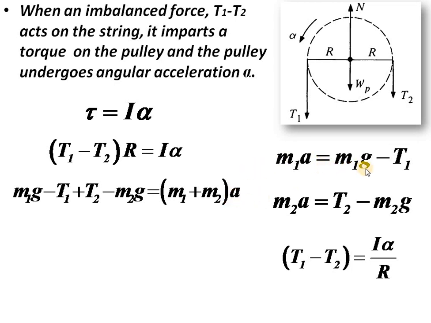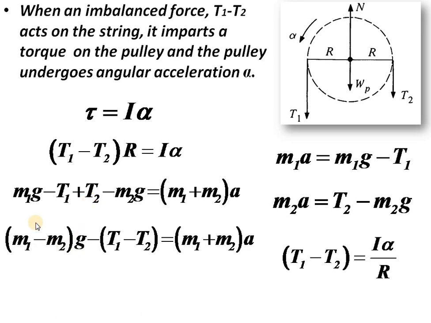So we have M1G minus T1 plus T2 minus M2G is equal to (M1 plus M2) A. On adding, we get T2 minus T1. Modifying the equation: (M1 minus M2) G minus (T1 minus T2) is equal to (M1 plus M2) A.